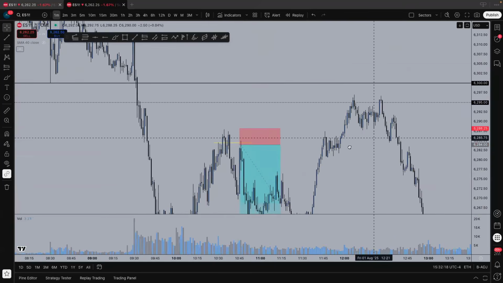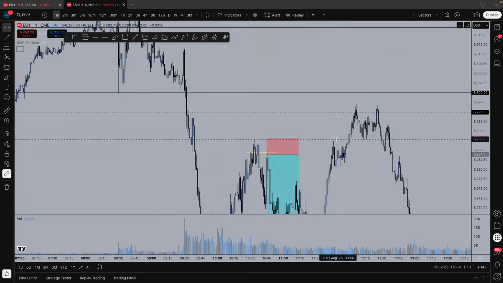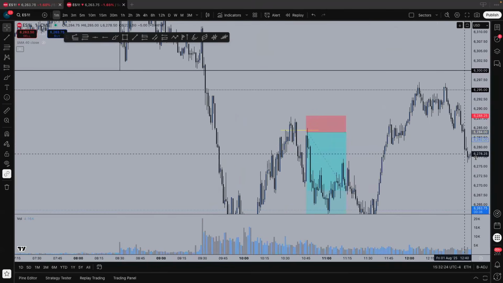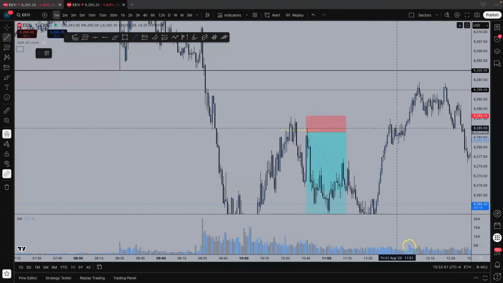And so let's look at what happened here, where we did finally come in and test that extreme level. And this one's a little bit different, but again, let's look at the volume for clues. Look at the volume here, all of a sudden increases. That is this candle right here. When we started to get these wicks here, we started to see some increased volume. Okay, so that's our first clue.